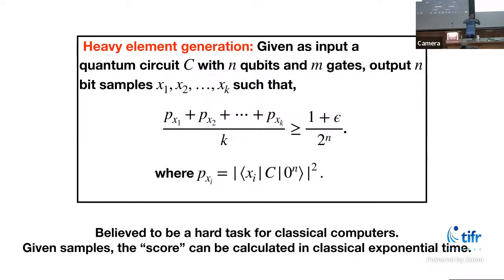Their job is to just give me some samples. My job, the job of the verifier, is to run this test. And the claim is, if we pass this test with a high enough score, that is a certification that the samples came from a quantum computer.